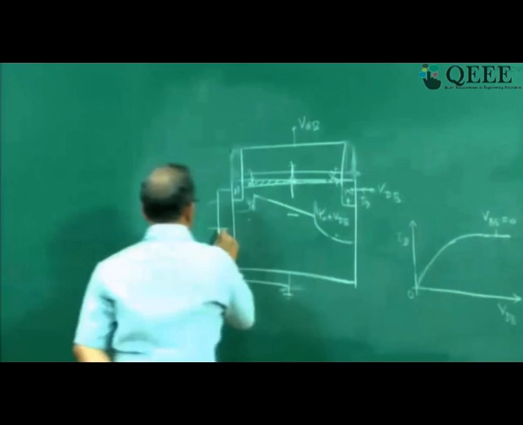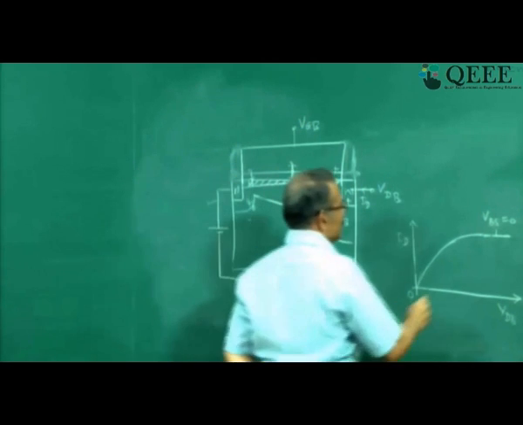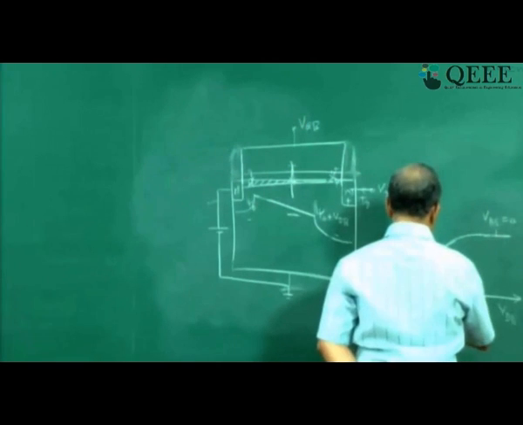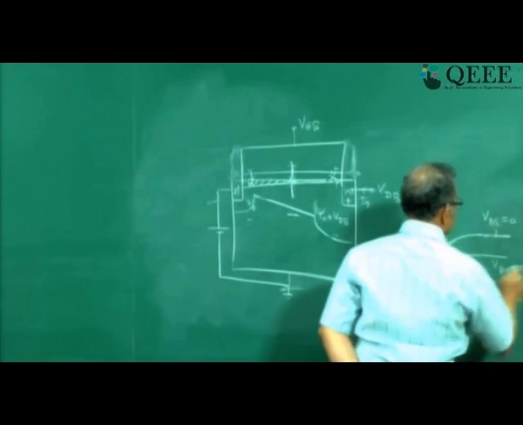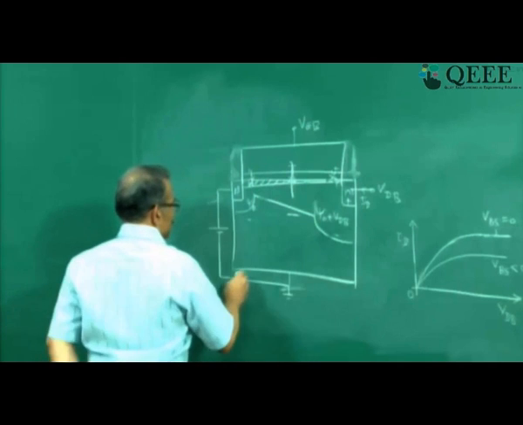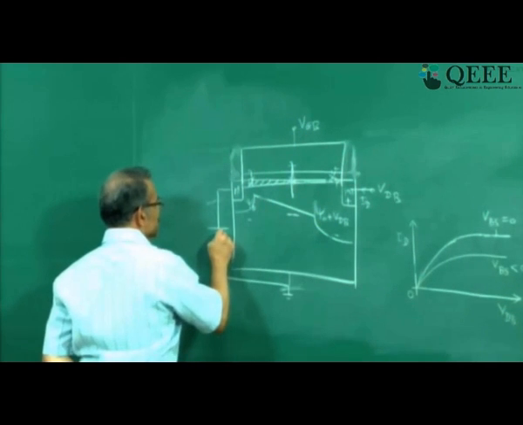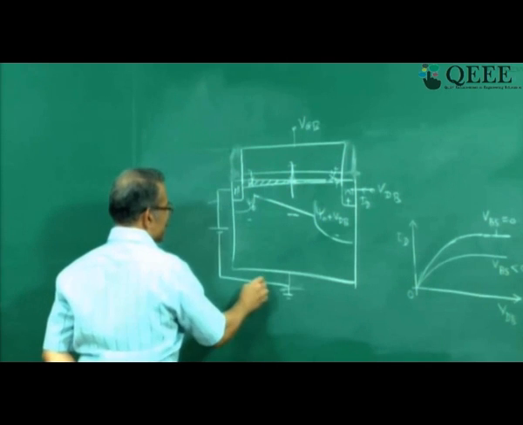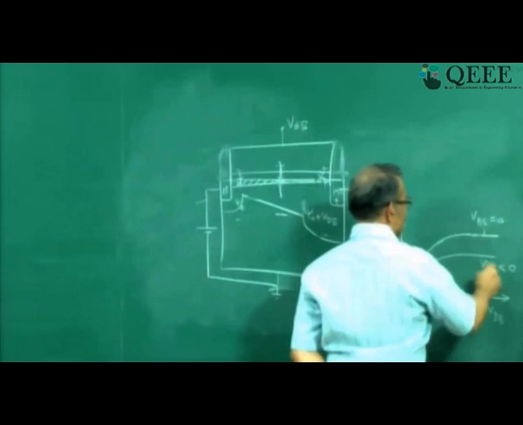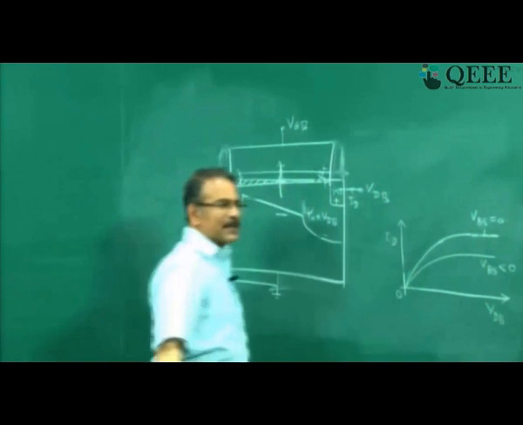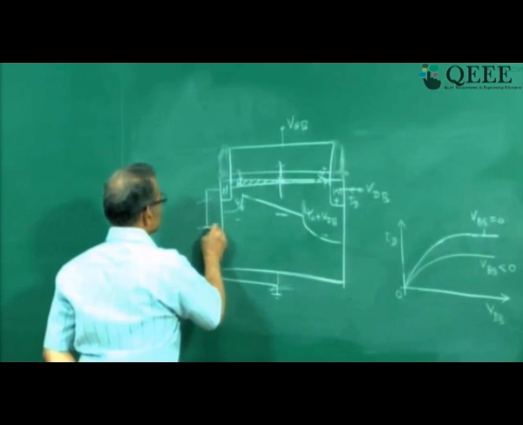Then for this positive value of source voltage with respect to bulk, my current will be less and it will be like this. So this is VBS less than 0. VBS is B with respect to S, so it is negative. Please note that. Source is positive with respect to bulk, but bulk is negative with respect to source. So with VBS less than 0, your current is going to decrease. You may ask, what happens if you change the polarity, right? Why not put it like this?